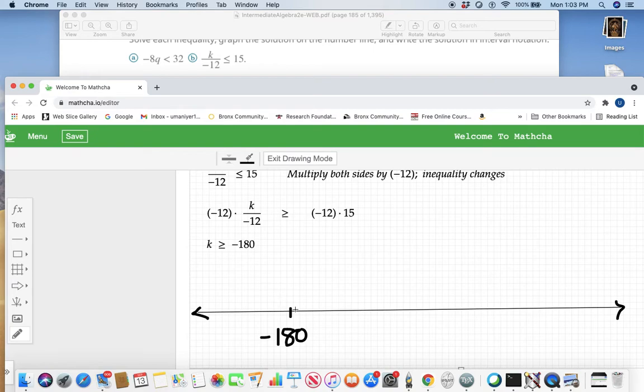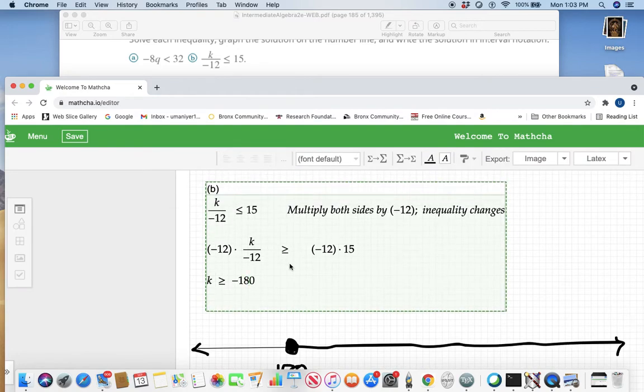I'm allowed to have equal to negative 180, so fill it in, and k is greater or equal, so start at negative 180 and keep going to the right. All of these are acceptable solutions. So, which tells me the solution set.